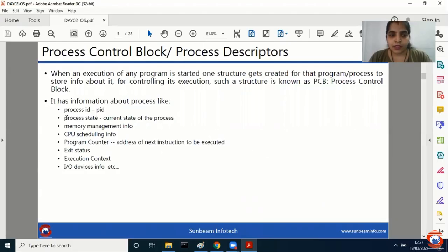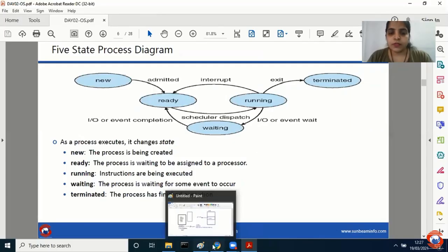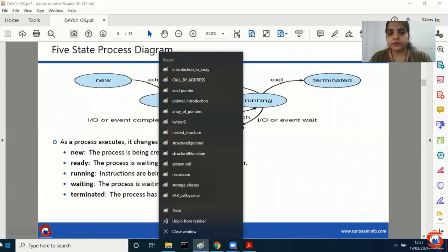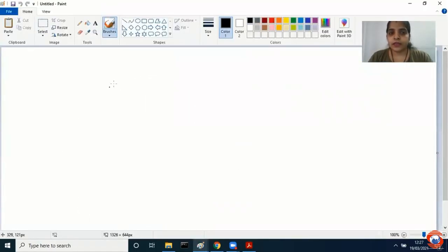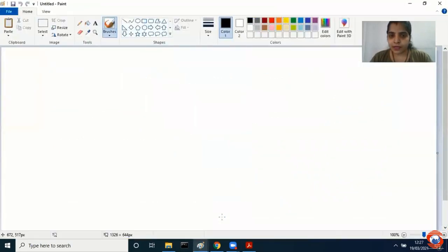Now I was talking about something called state. Whenever I talk about a process, it has different states. For example, suppose I am starting, let us say, a new Paint. This is called creation of a process. It means the first time I create a process, I started Notepad, and as soon as I am working on Notepad, it is the current process which is getting executed.